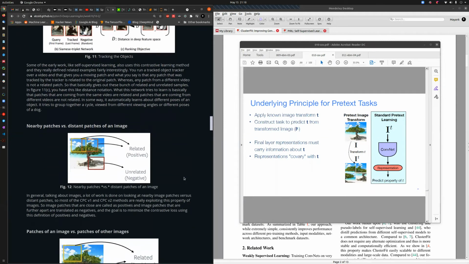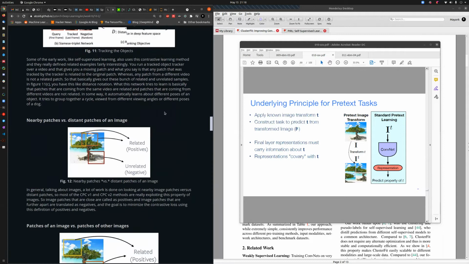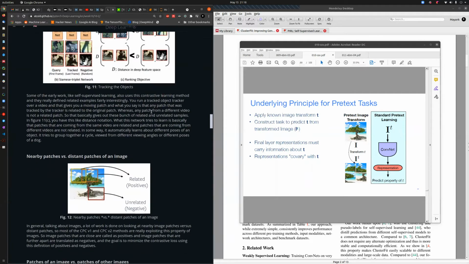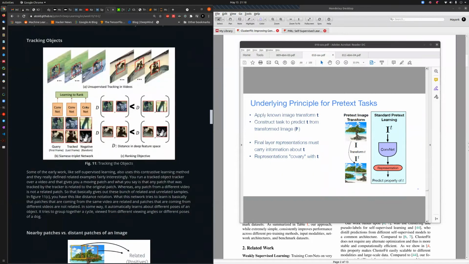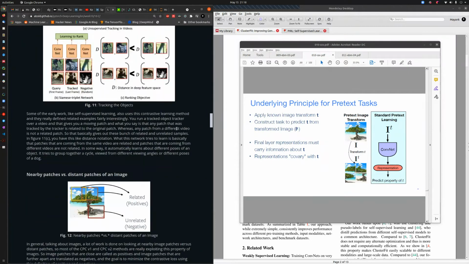Then different poses of an object cycle. This is with respect to tracking in video, or this is a derivative of, I think, the Faster CNNs.